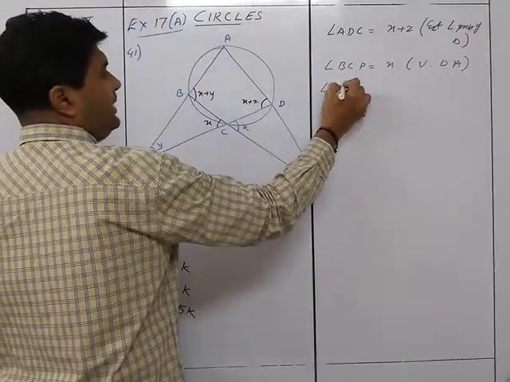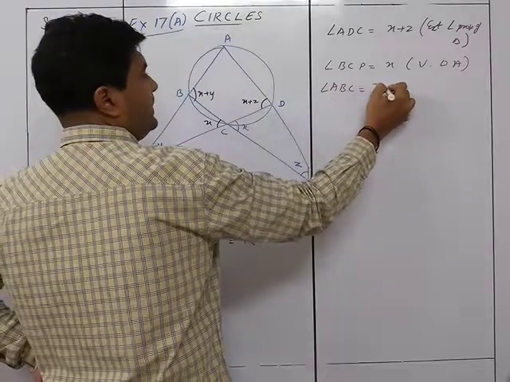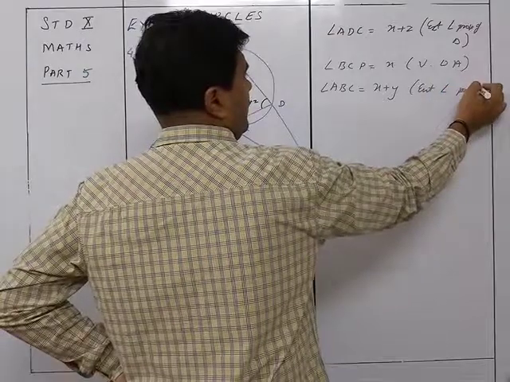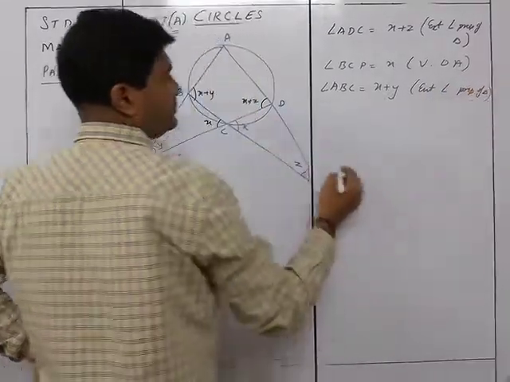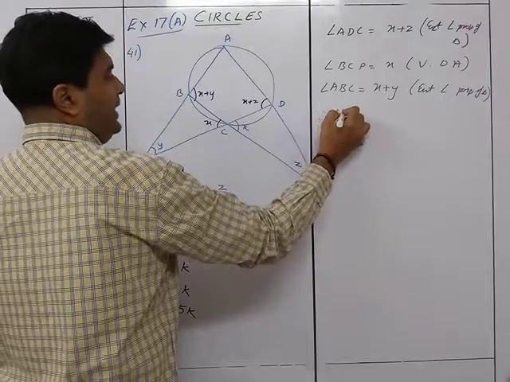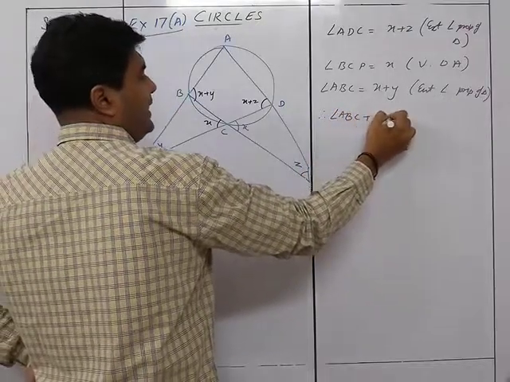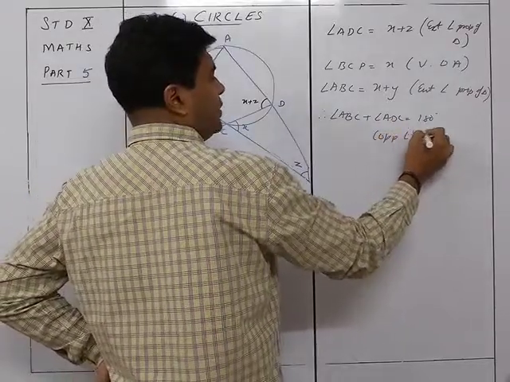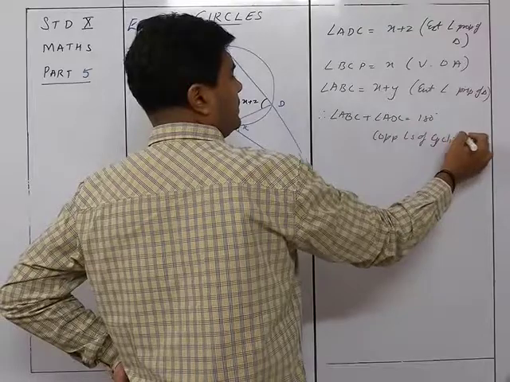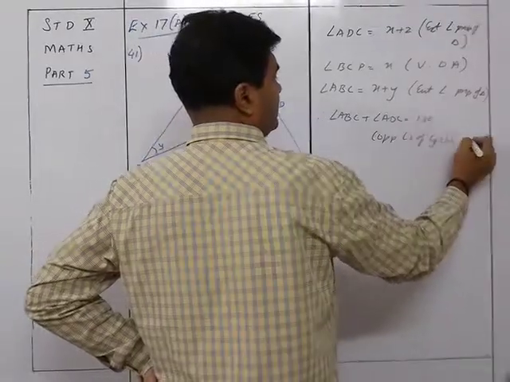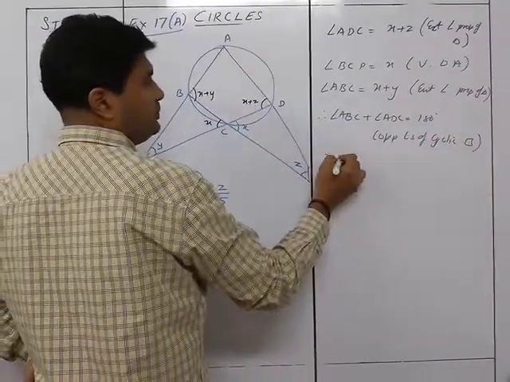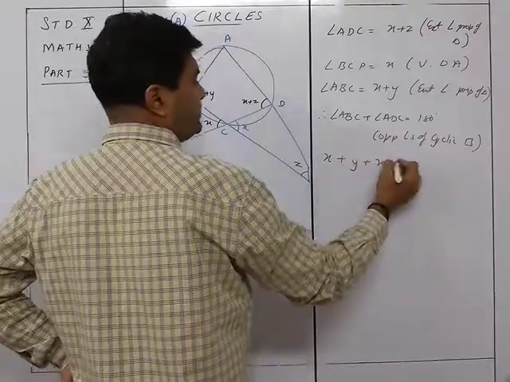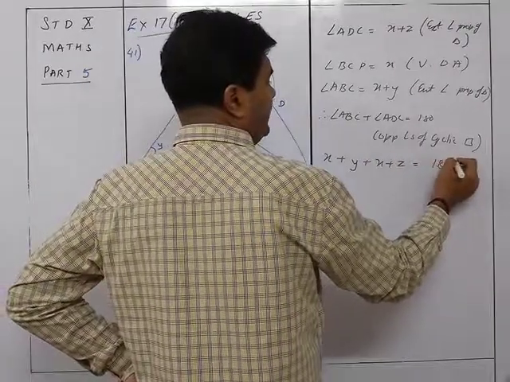Angle ABC will be equal to x plus y, exterior angle property of triangle. Therefore, angle ABC plus angle ADC is equal to 180 degrees, opposite angles of a cyclic quadrilateral.